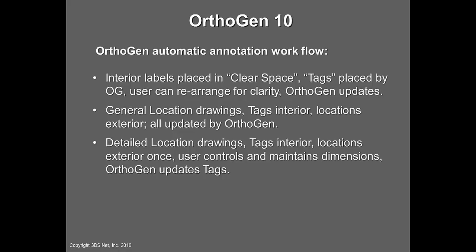There's still a skill involved in dimensioning those drawings. OrthoGen, again in the case of steel drawings, can update all the tags, the section marks, the offset dimensions and so forth. So it's a combination: very automated on the interior labels, completely automated in fact, but on more detailed drawings, you might have to go into a semi-automated mode on dimensioning.